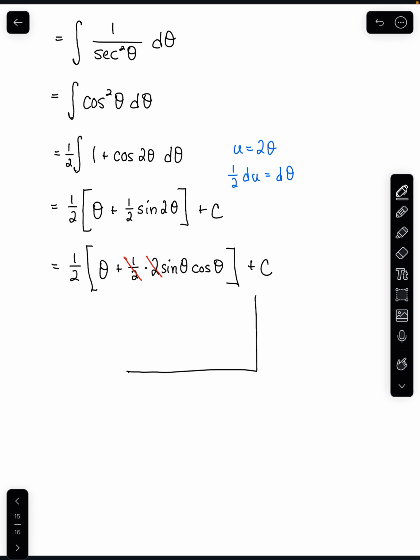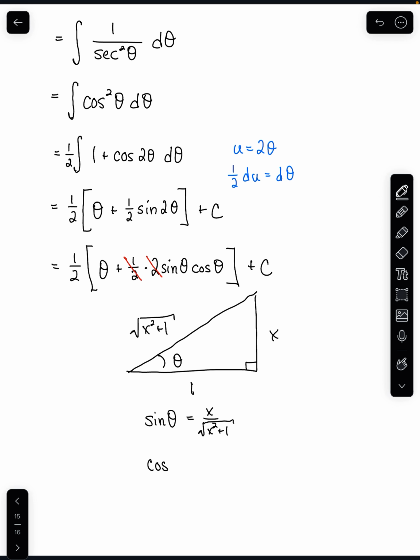So we're recalling that triangle. We had an opposite side length x and an adjacent side length 1, and a hypotenuse length square root of x squared plus 1. So that from this triangle, sine of theta is equal to x over the square root of x squared plus 1.